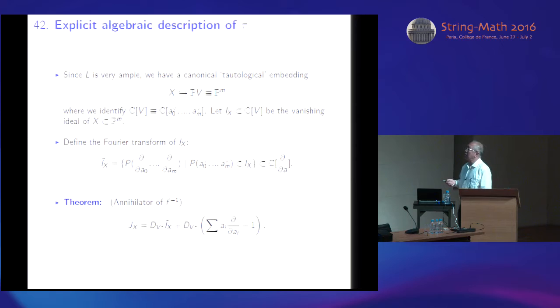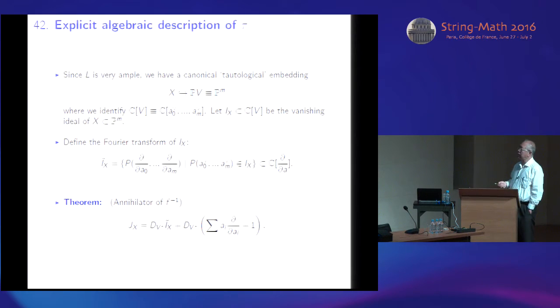So first of all, if L is very ample, we have a canonical tautological embedding, X mapping to the projective space of V. So we can identify C V to be that. And let I_X be the vanishing ideal of X sitting in the projective space. So, given the embedding of an algebraic variety in P^M, you have an ideal defining the variety. We define the Fourier transform of I_X to be this system.